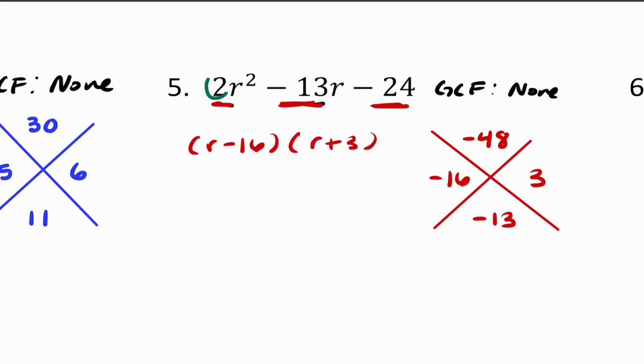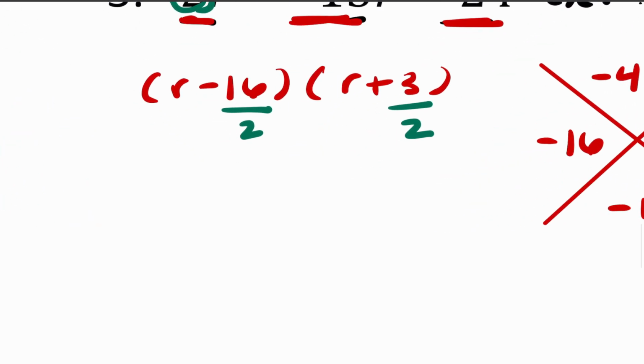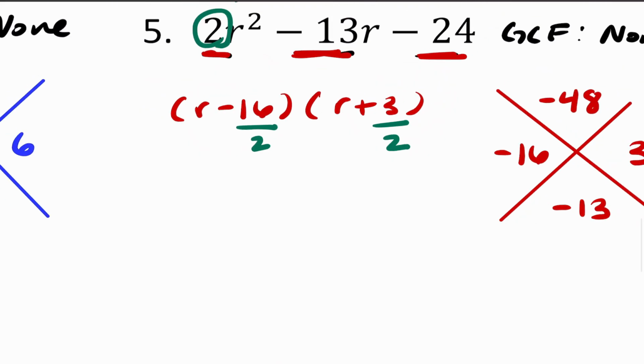But don't forget, our A value is not 1, it's 2. So I need to divide each of these factors by 2. So if we look, we have a fraction here and also there. -16 over 2, that reduces to r minus 8.